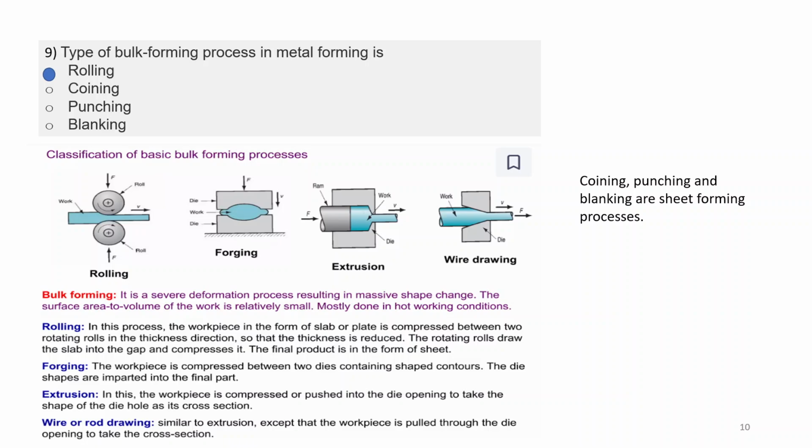Ma'am, this embossing also came in the sheet metal form. Embossing, the coining.